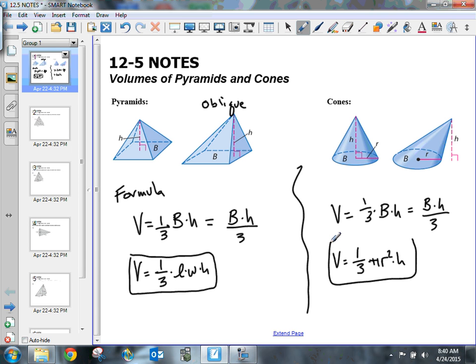The reason it's 1/3 is that if this would fit inside of the prism with the same base and the same height, you could fit 3 of these in there. I'll post another video on Edmodo on how all that works, but this is the formula that we're going to use.